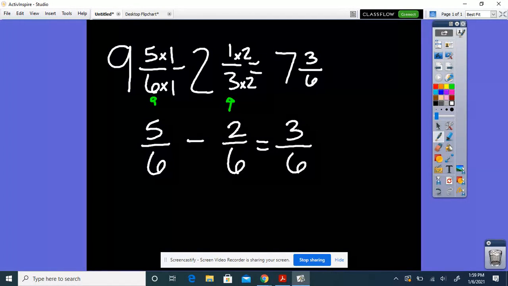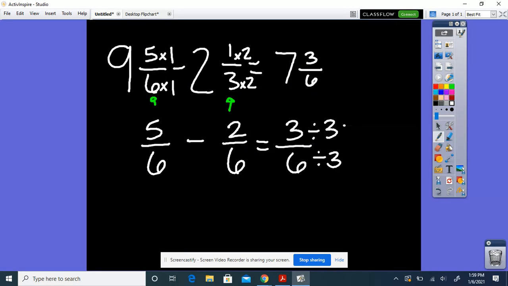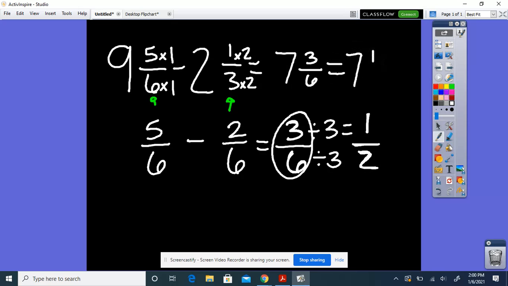If I divide 3 by 3 and 6 by 3, I get 1/2. Just by looking at this fraction, you know that 3 is half of 6. So your simplified fraction is 1/2. My final answer is going to be 7 and 1/2.